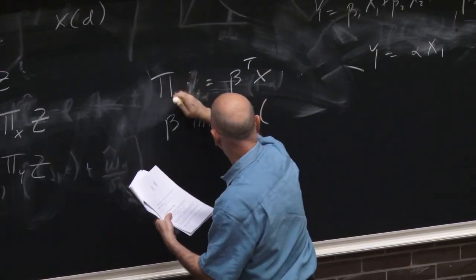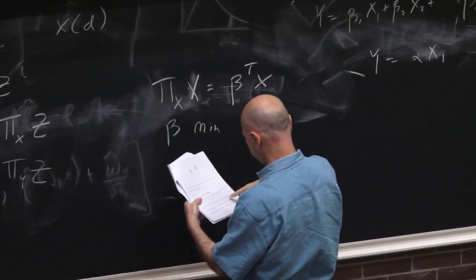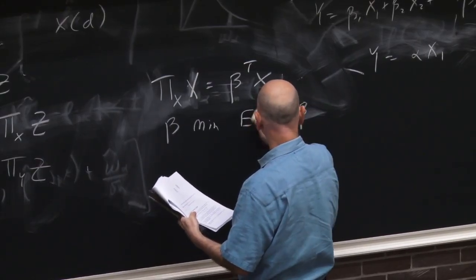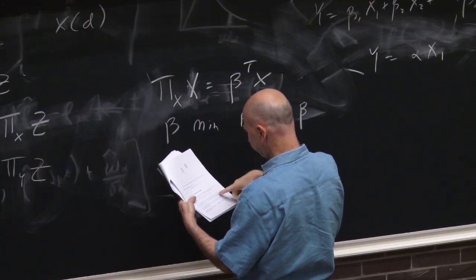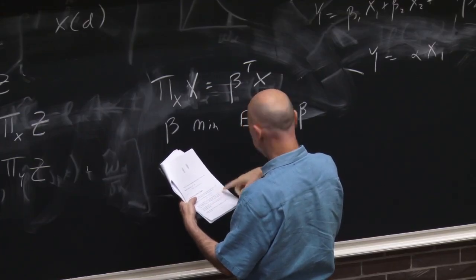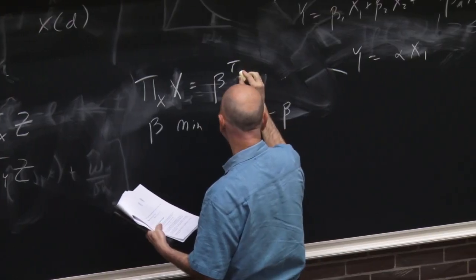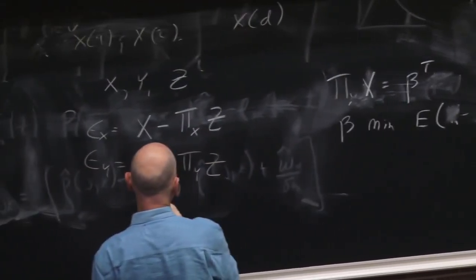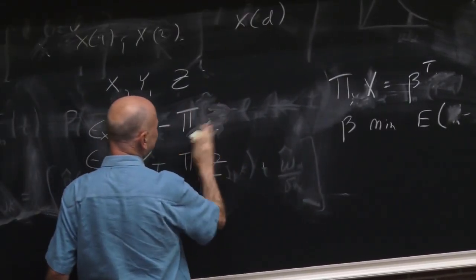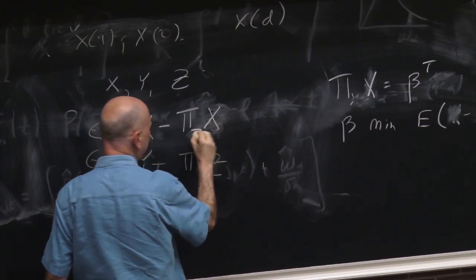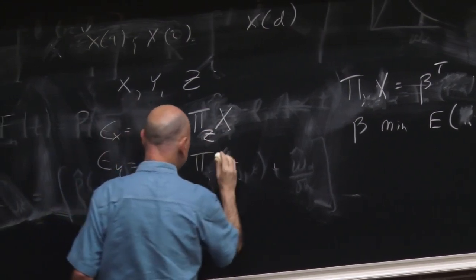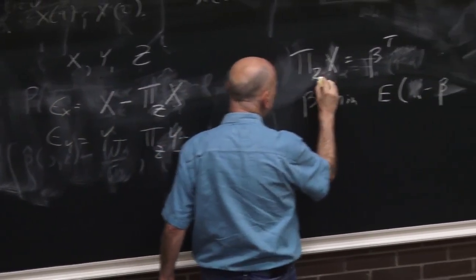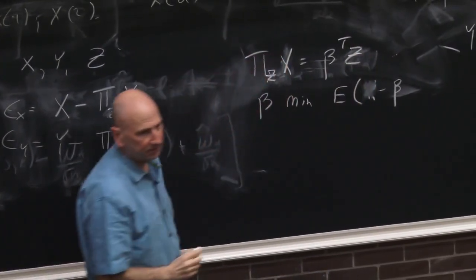Yes. I also notice there's another mistake in the notes, which I'll correct right here. It's beta transpose z. This should be z. Oh boy, hang on. What am I doing? This is wrong. I want to project x onto z. This should say z. I'm projecting onto z.